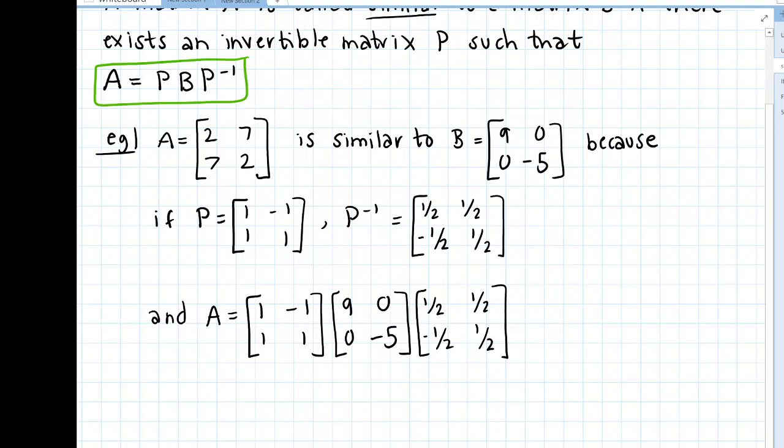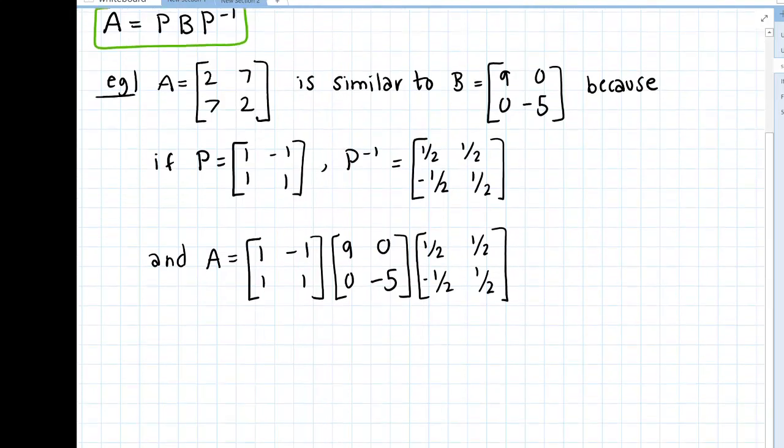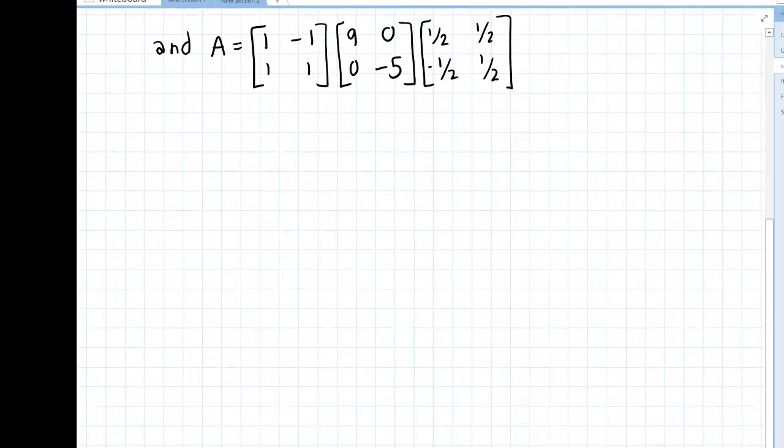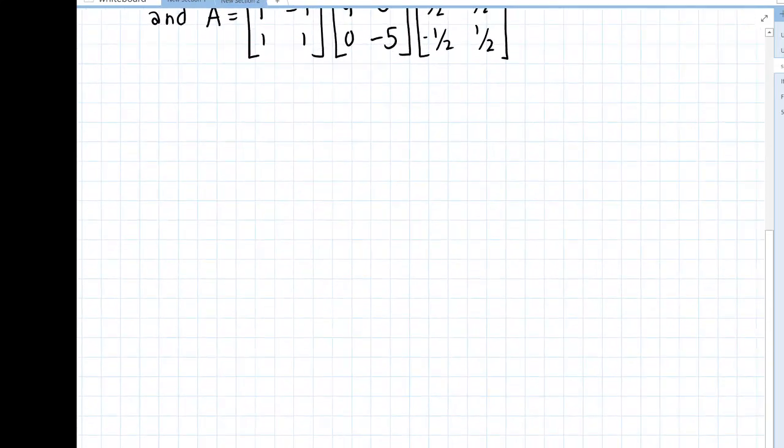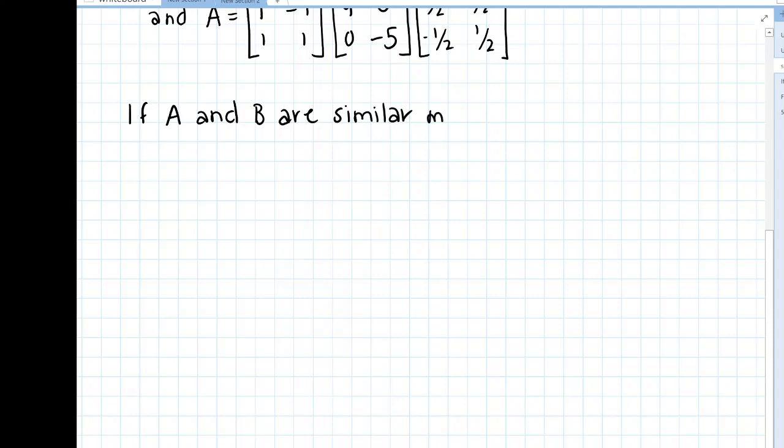Now, I'm not telling you how I came up with all these matrices. Well, that's what we'll get to tomorrow, but I just wanted to introduce the concept to you. And then there's one important fact that we'll see a little more of tomorrow, which is that if A and B are similar matrices, they have the same eigenvalues.